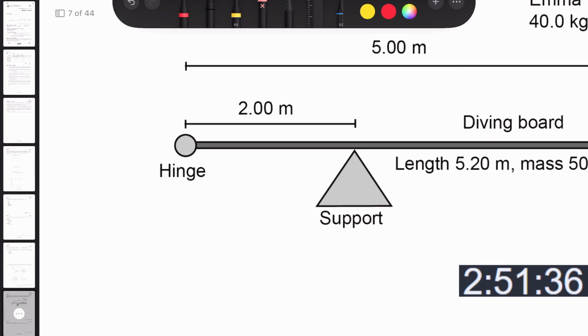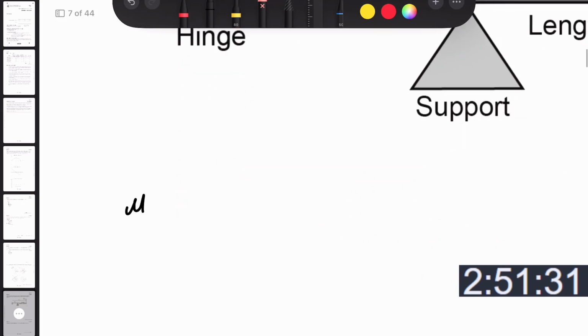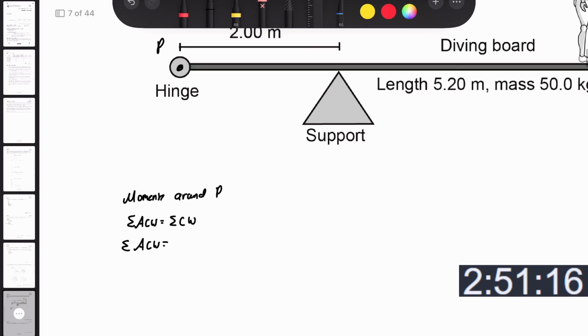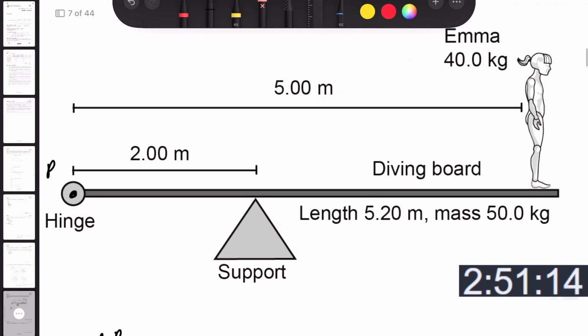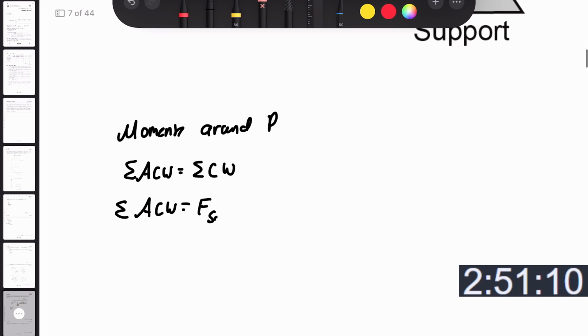Okay, so let's take the moments around P. This question is going to be a bit simple. We just have that the sum of the anti-clockwise is equal to the sum of the clockwise, and the sum of the anti-clockwise is just going to be the reaction force of the support. So let's say F of support.